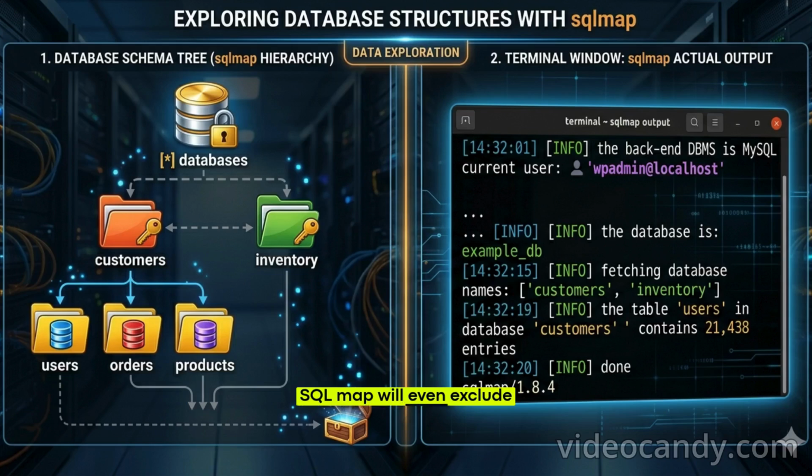SQLMap will even exclude system databases automatically if you add "--exclude-sysdbs". After you see a promising table like users, you can proceed to columns and data. Session files "-s" cache all this, so you don't re-enumerate if you run the same command again.